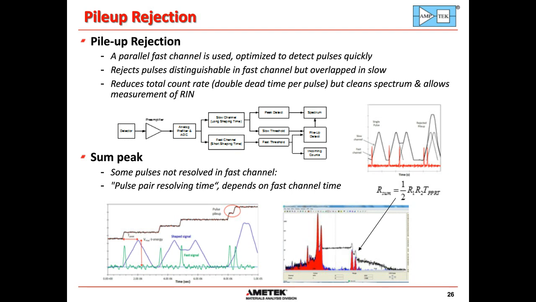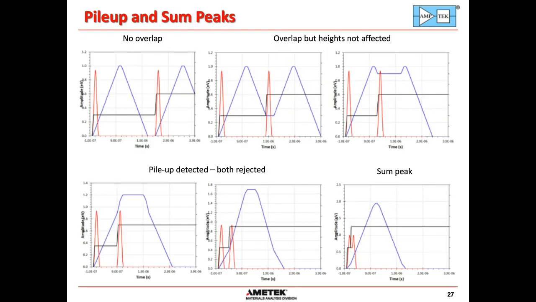These are simulations showing pulses that occur well separated in time in the upper left, and then as they occur closer and closer in time, in the middle you get pulses with a little overlap, but the pulse heights are not affected. Upper right, they're closer in time, more overlap.